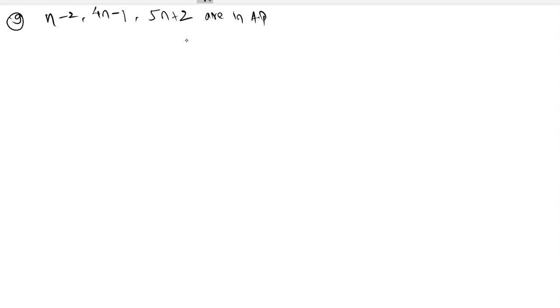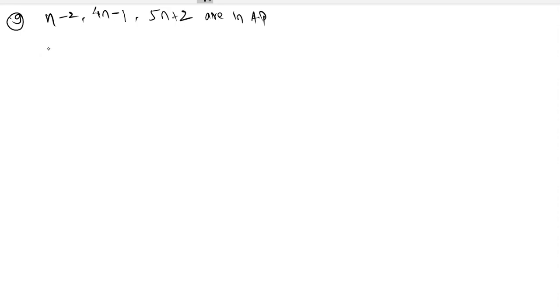If these three numbers are in AP, then what can you say about the value of n? You have to find the value of n. And also you have to find what is the AP and what are the next two terms.